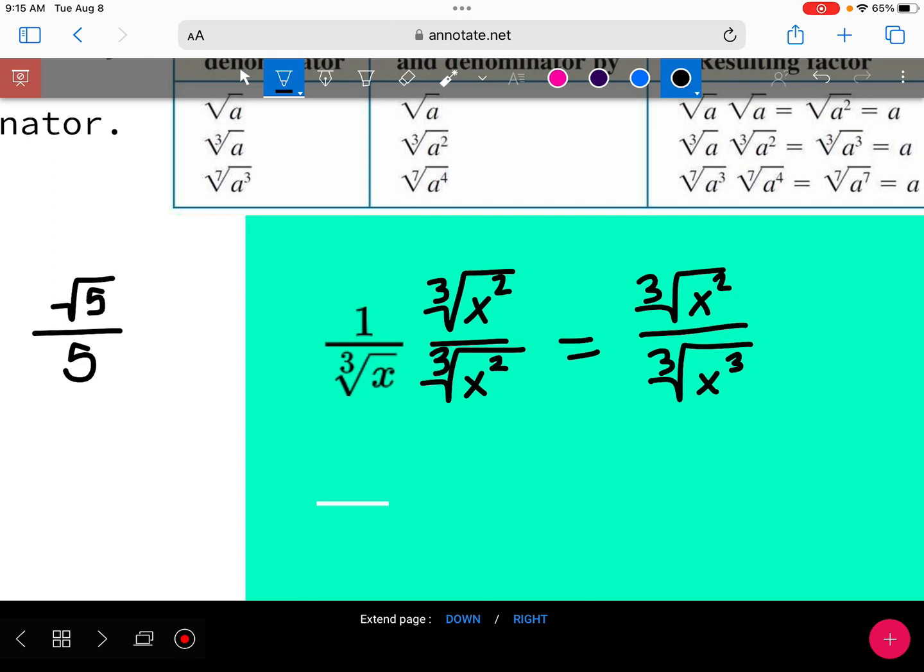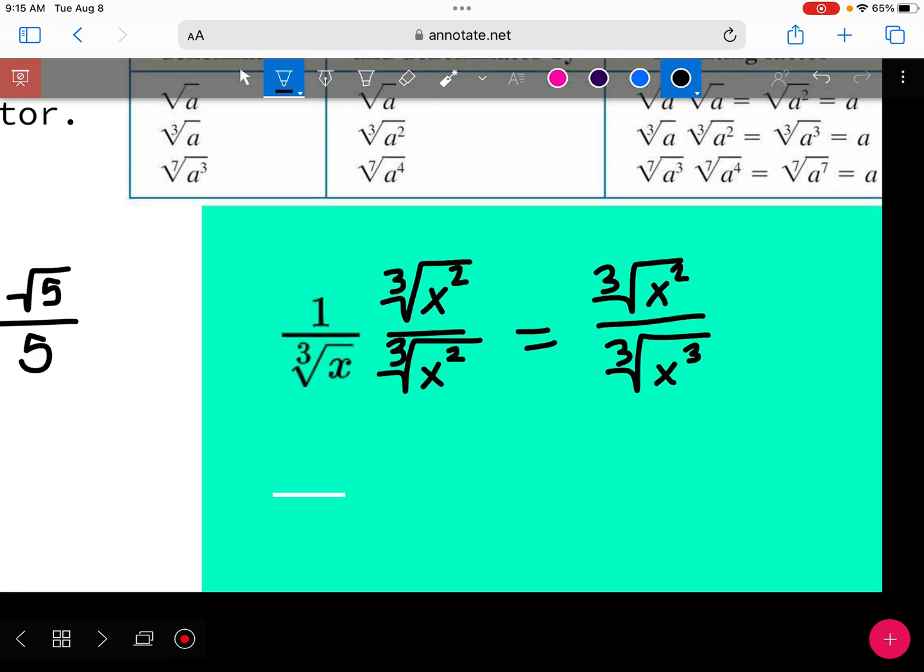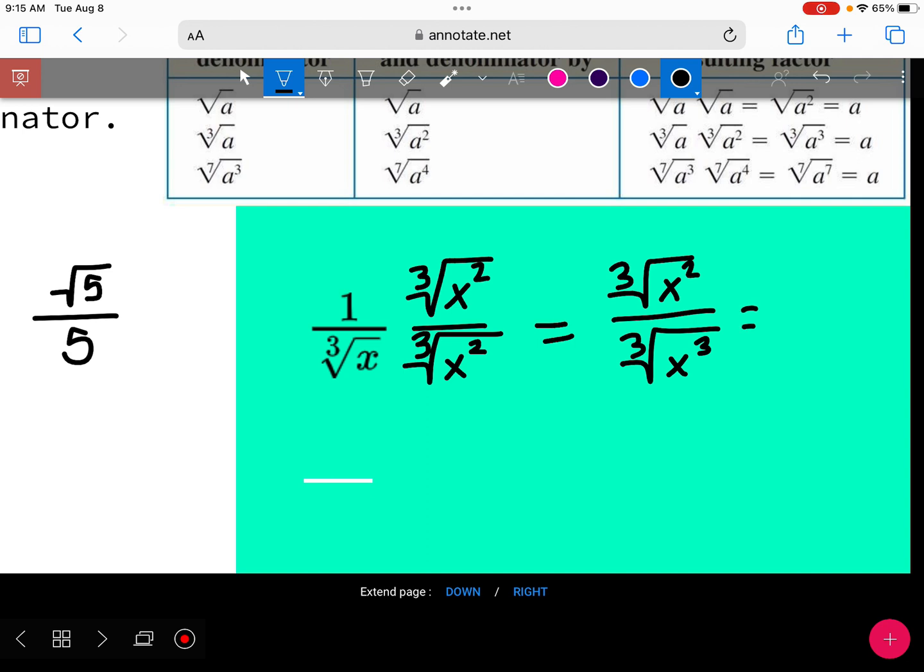Remember when it's in the radical, if they have the same index, I can multiply the pieces underneath, right? So I've multiplied my x times my x squared and combined it here. Since I have the cube root of a cube, we get the cube root of x squared over x, because the cube root and the cube cancel out.